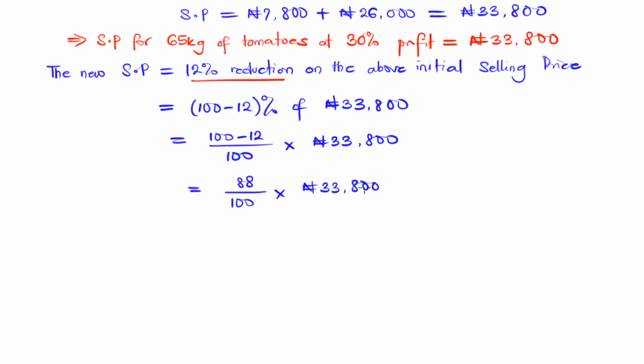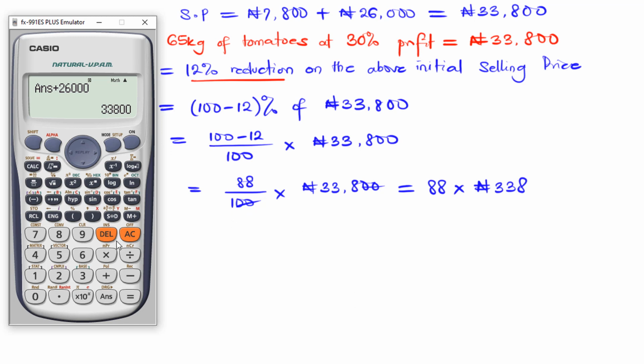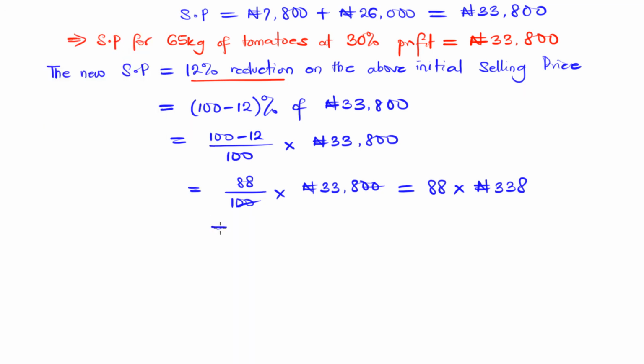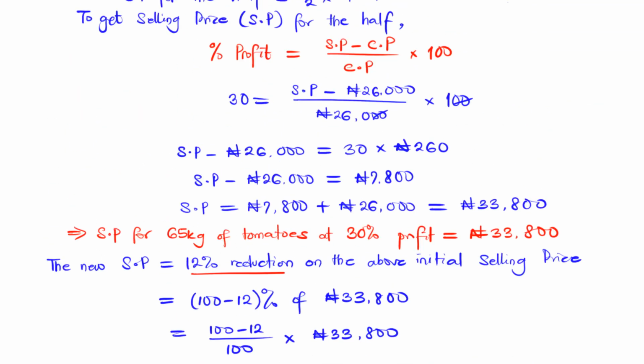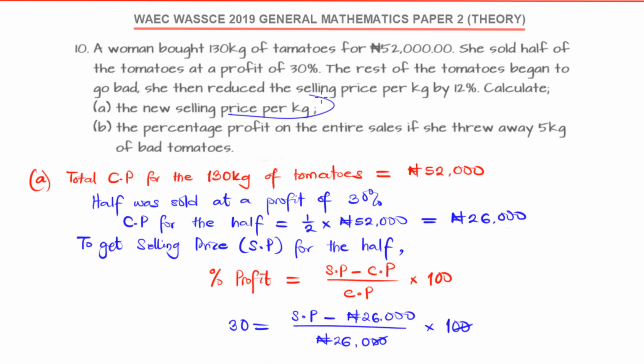So we can cut such that this will be 88 times 338 naira. So 88 times 338, that's 29,744 naira.